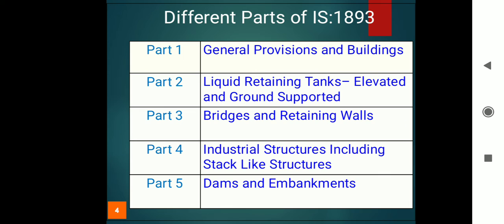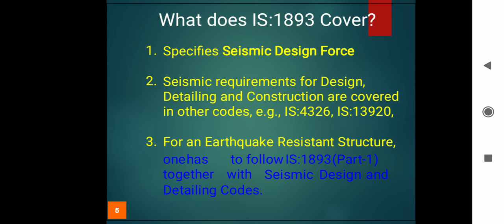Some major and important modifications made in the 5th revision of IS 1893 are: the first modification is that the seismic zone map is revised with only 4 zones instead of 5. The earlier zone 1 has been merged into zone 2, hence zone 1 does not appear in the new zoning map.